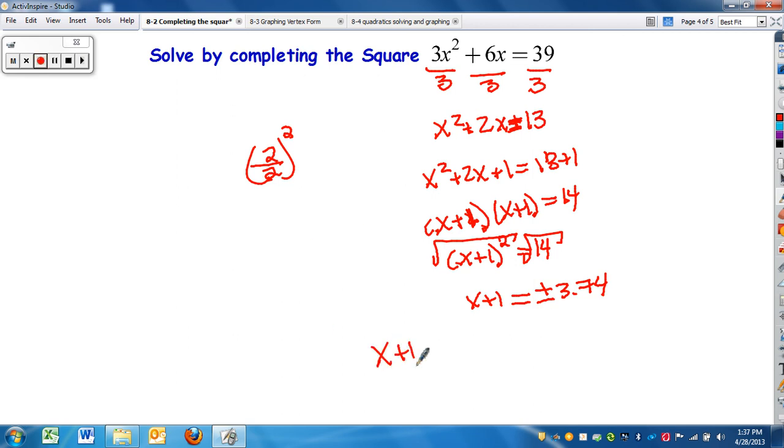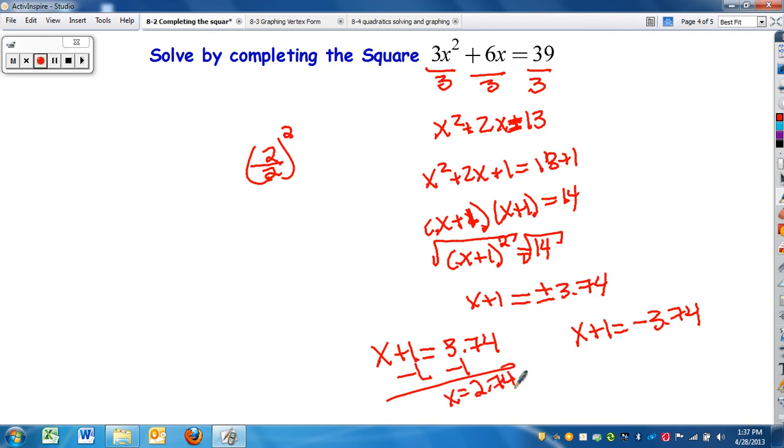I get x plus 1 equals 3.74 positive, and x plus 1 equals negative 3.74. Minus 1, x equals 2.74. Minus 1, x equals negative 4.74.